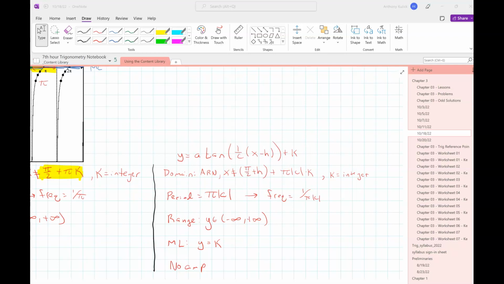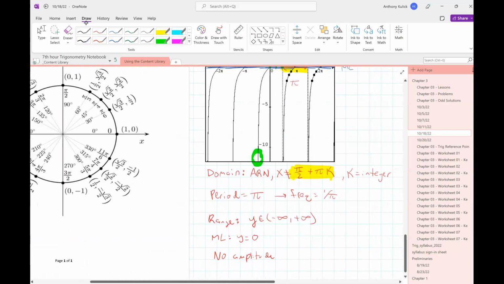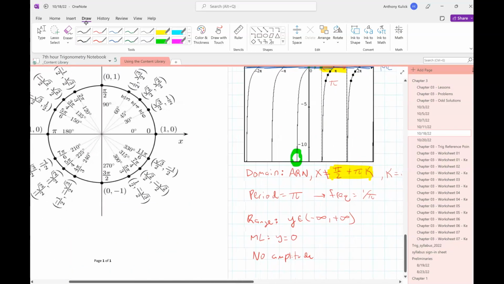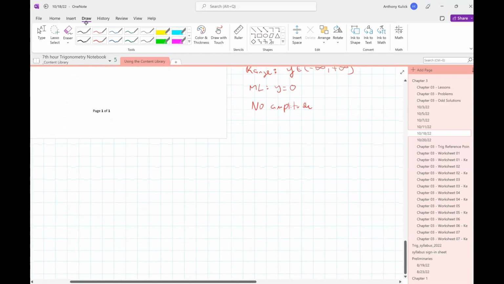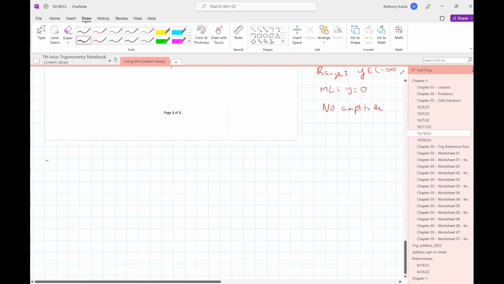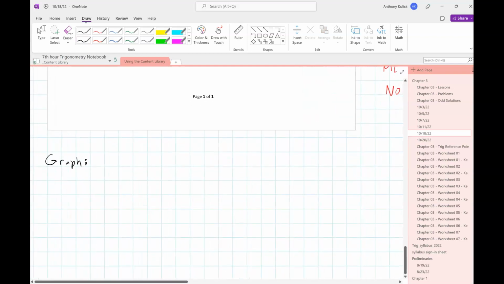So that's kind of our stuff about the tangent function. Let's do a couple of examples here. We'll do two different kinds of examples. We're going to graph a tangent function, and then we'll write the equation from the graph.